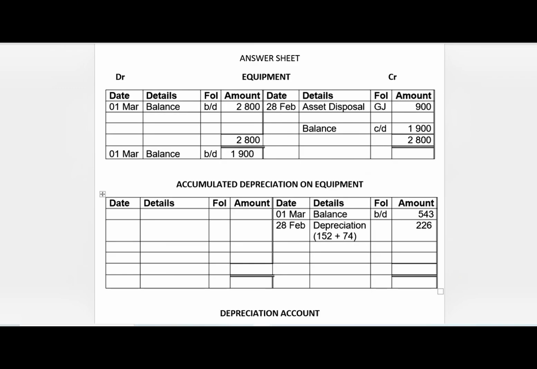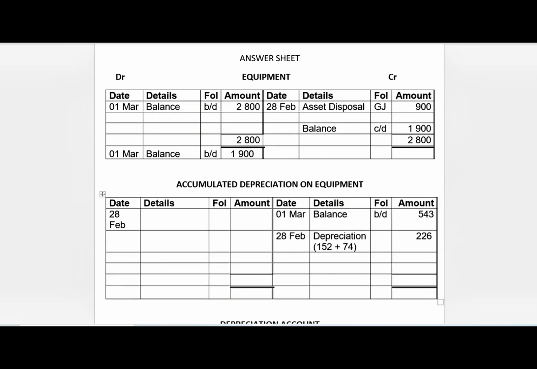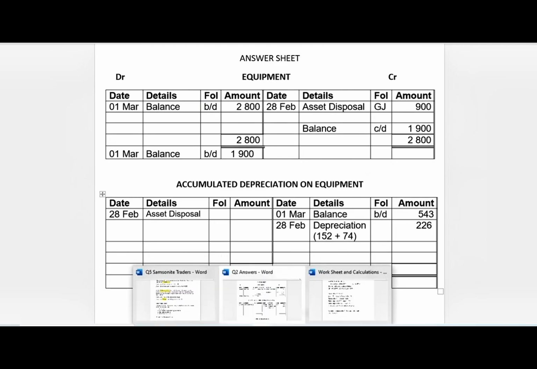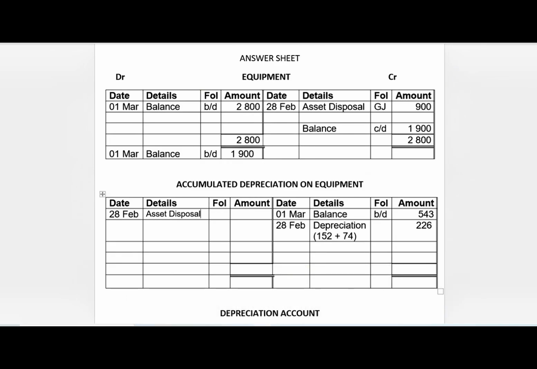All right. And then we also have to put accumulated depreciation on the 28th of February for the disposed, right? So depreciation for the disposed is going to be asset disposal there. And then let's go to the answer sheet, the worksheet.